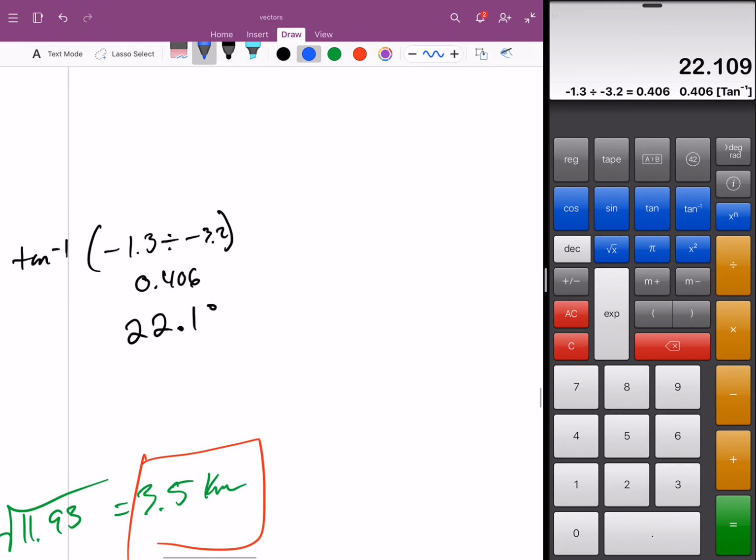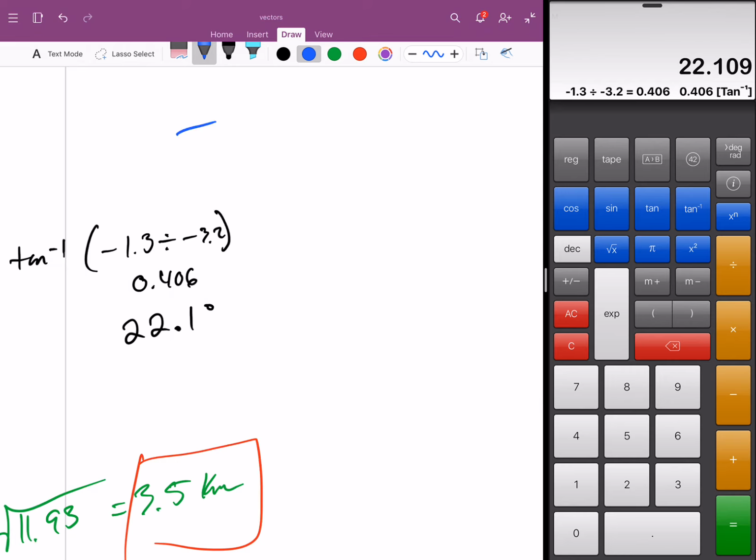Now here's the interesting thing. When you divide a negative number by another negative number, it becomes a positive number. Now 22.1 degrees is within quadrant 1.